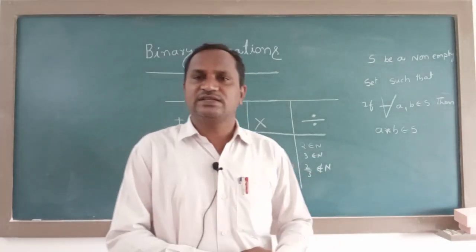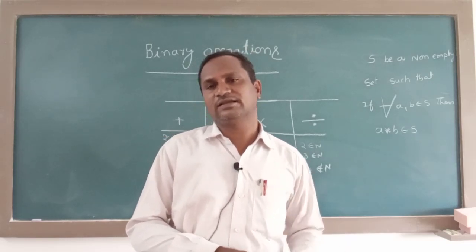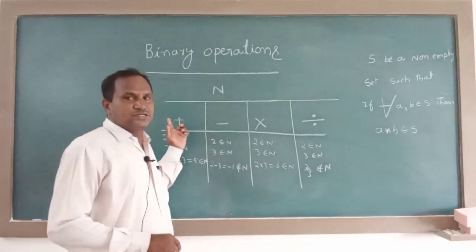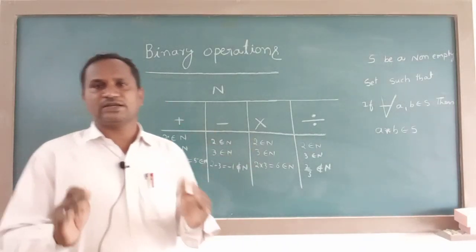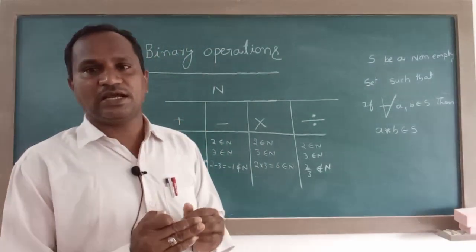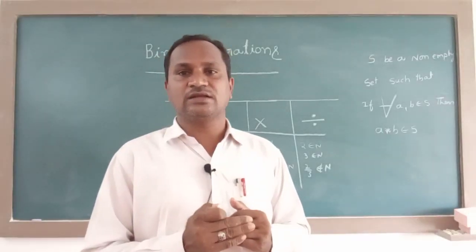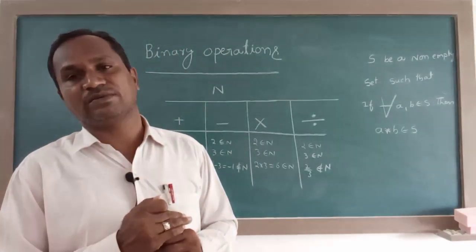Therefore, division is not a binary operation on the set of all natural numbers. Here, addition and multiplication, these two only form binary operations on the set of all natural numbers. But subtraction and division are not binary operations on the set of all natural numbers.